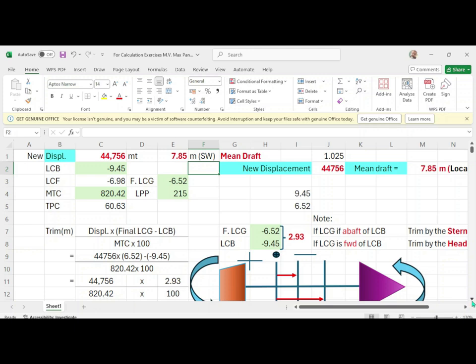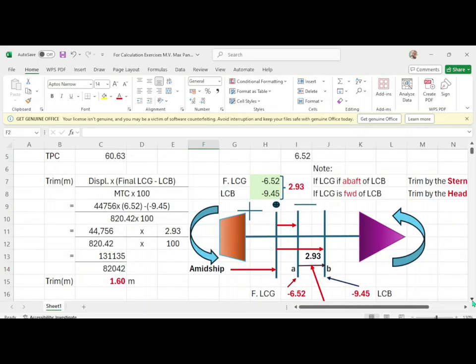Okay? Continue with the computation. Multiply displacement with the distance, that will be 131,135. You don't have to put a sign here because you only want to know the distance, so it's always positive.